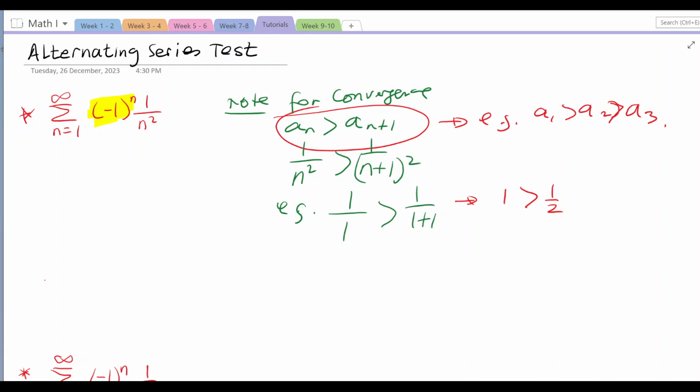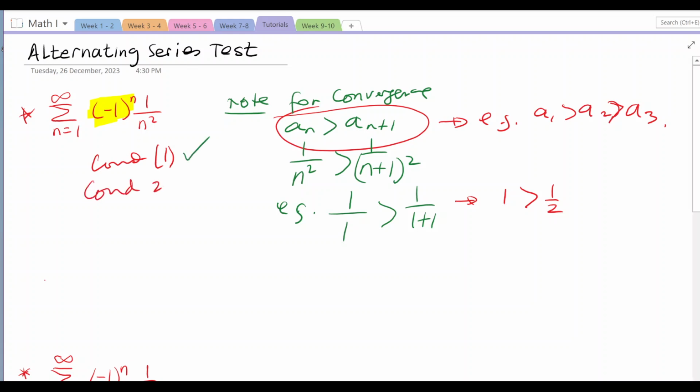So for requirement number one, the terms are positive because of the n squared, and they are decreasing, which is a1 greater than a2 greater than a3 and so on. Yes, it is positive and decreasing, so condition one is fulfilled. How about condition two?